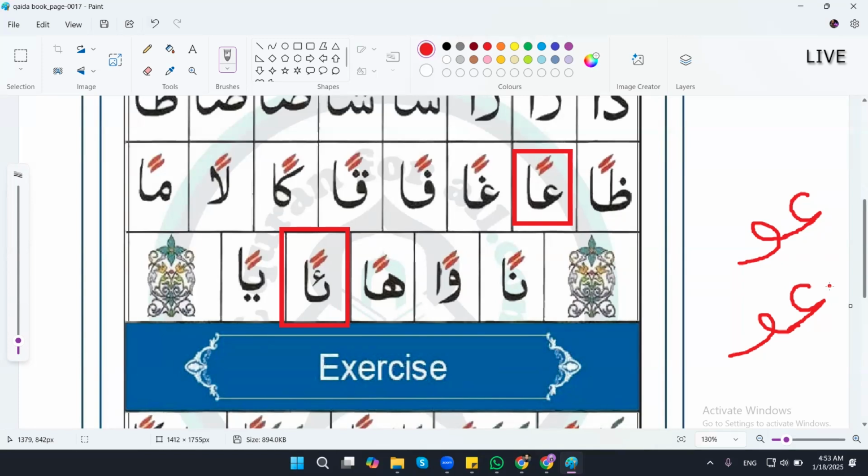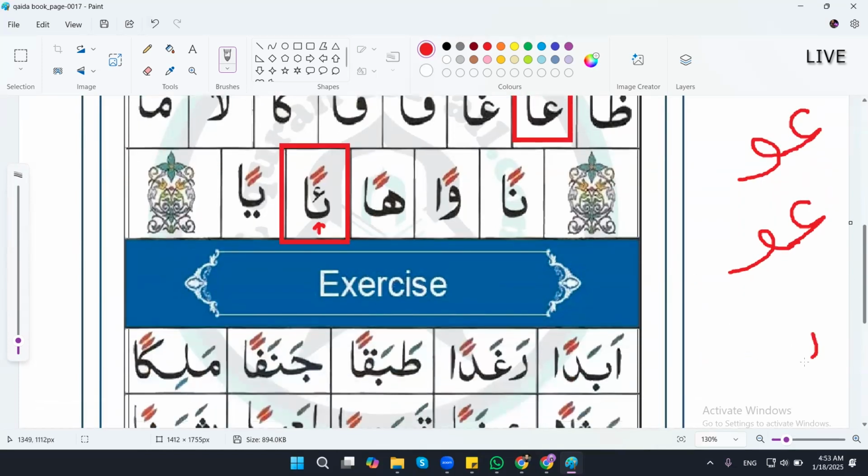Because there is not a single difference between Hamza and the half shape of Ain. So to make it easy to tell which is Hamza and which is Ain, we have this small line. So now whenever you have a line and Hamza written on it, you can easily identify this is Hamza.